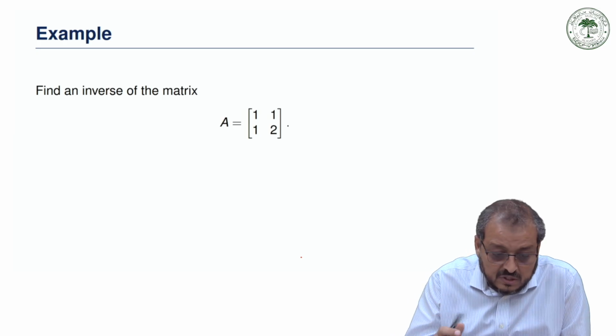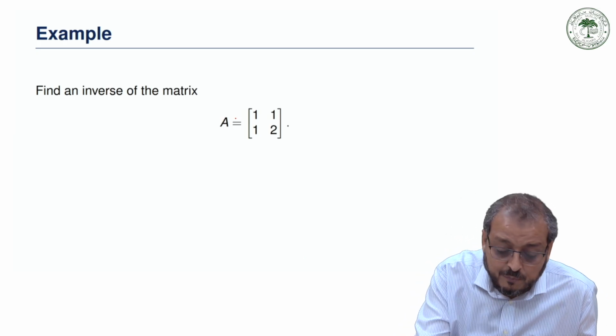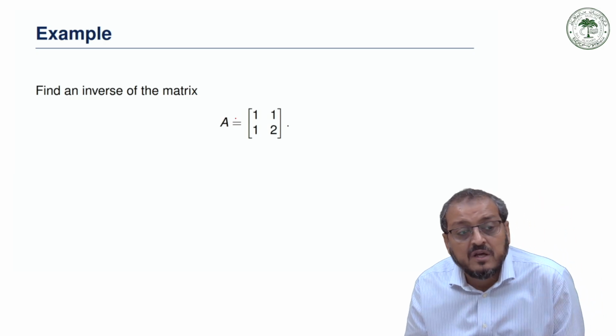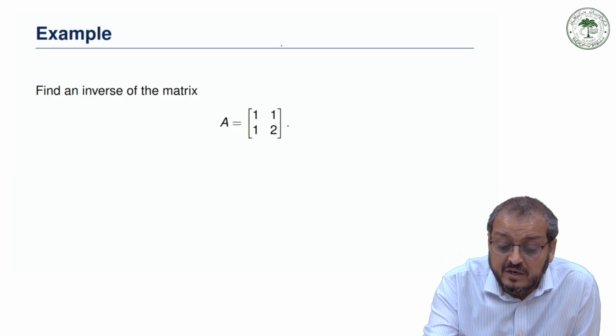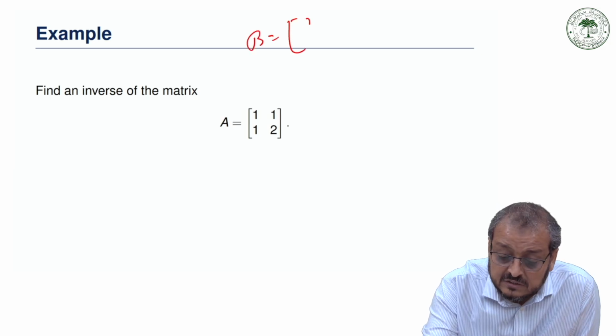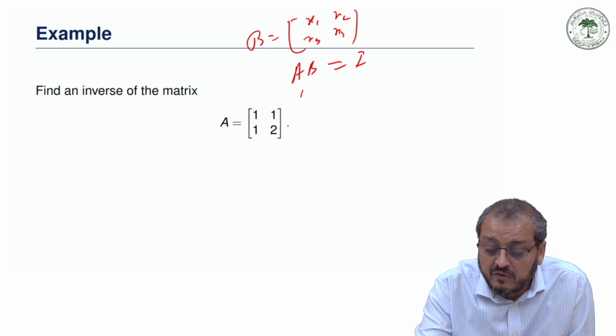Now suppose we try to find the inverse of such a matrix. If the inverse of such a matrix exists, it means there exists another matrix B, with entries x1, x2, x3, x4, such that AB is equal to identity is equal to BA.